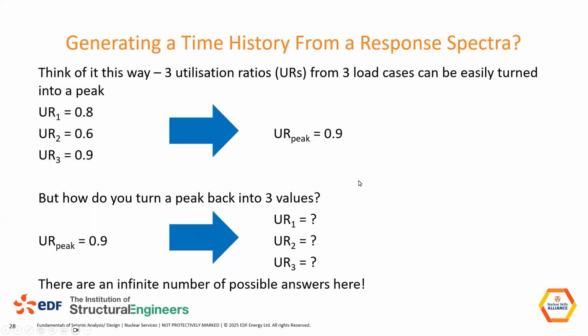How we deal with it is we look at a couple of different ones, all separate from each other. If I wanted to know what these three values are, I cannot calculate them. But what I can do is look at maybe six combinations of three values which meet this peak, but which are all sufficiently different from each other, such as 0.1, 0.2, 0.9; 0.1, 0.5, 0.9; 0.5, 0.6, 0.9; 0.6, 0.8, 0.9.